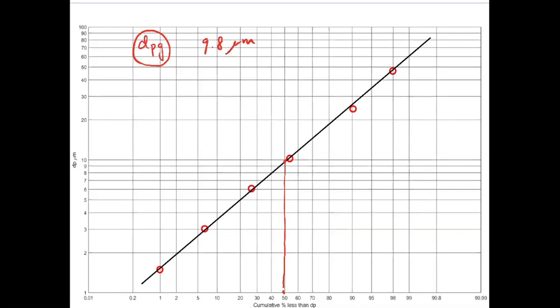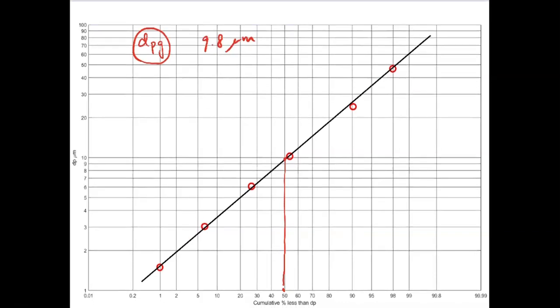We also mentioned that at 84.1%, basically this is 50%. At 84.1%, that corresponds to the particles who has a size of DPG multiplied by sigma g. Sigma g is the geometric standard deviation of the size distribution, right? For example, if we plot out where this point corresponds to, it is approximately 22 microns, right?